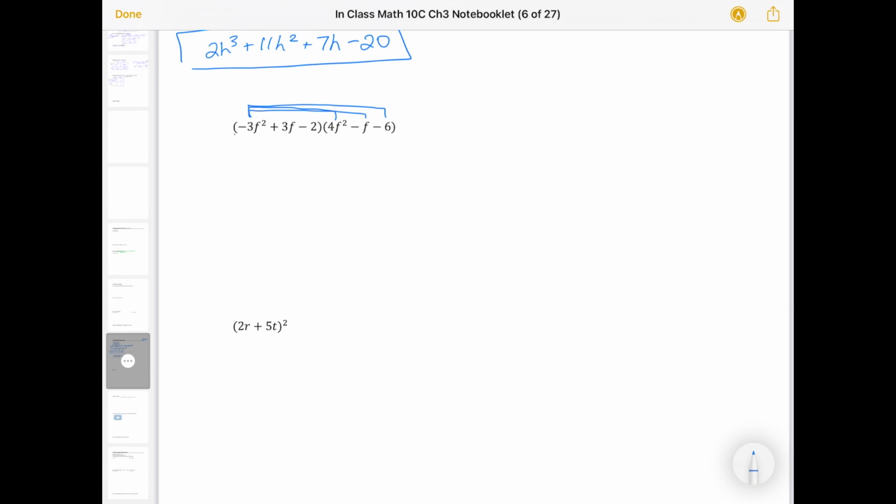So negative 3f squared times 4f squared plus, again, negative 3f squared times negative f plus, again, negative 3f squared times negative 6. So that's just the one term.